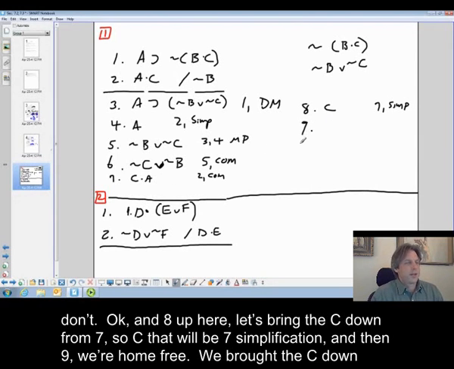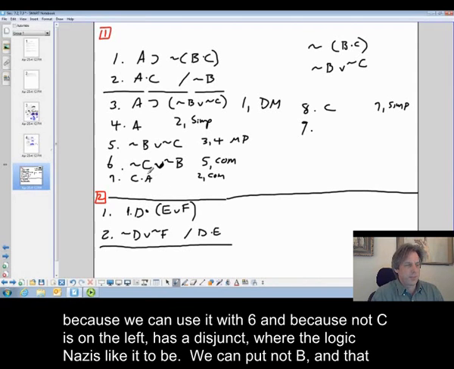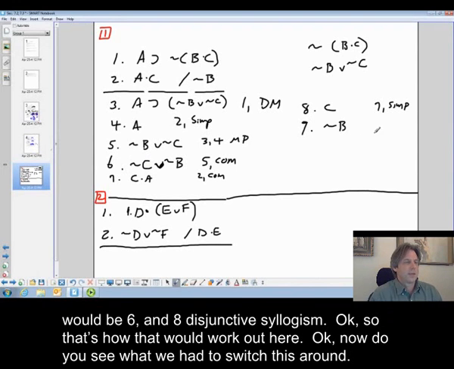We brought the C down because we can use it with 6, and because not C is on the left, as a disjunct where the logic Nazis like it to be, we can put not B, and that would be 6 and 8 disjunctive syllogism. Okay? So that's how that would work out here.